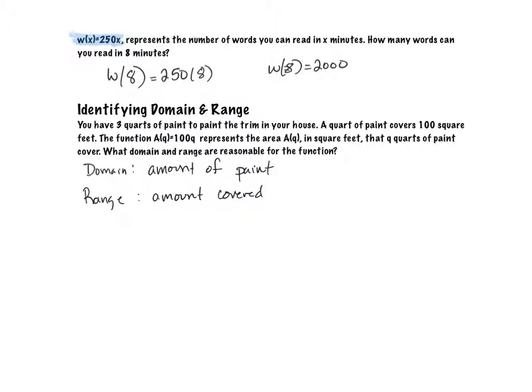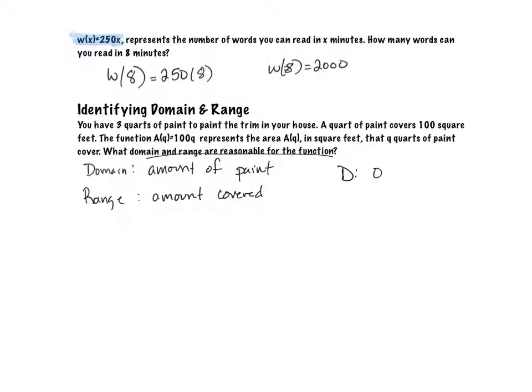So I want to know what's reasonable, right? For my domain, what's the least amount of paint I can use? Could I say, screw this, I'm not painting any trim because it's a pain? Yeah, right? I could say I'm not going to use any paint.